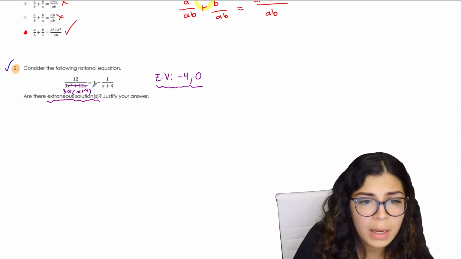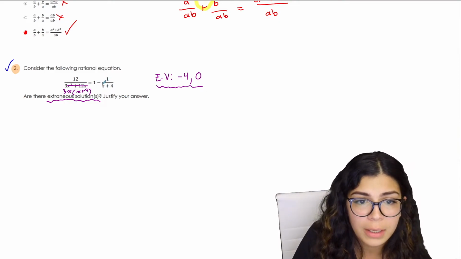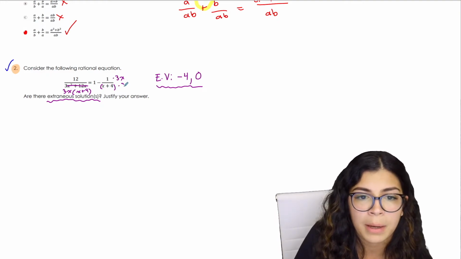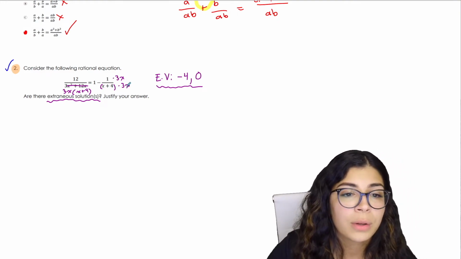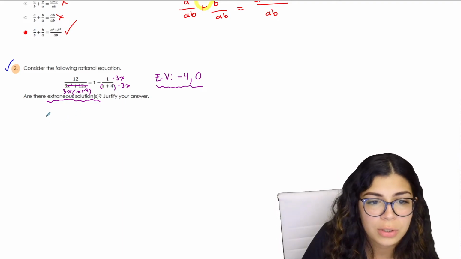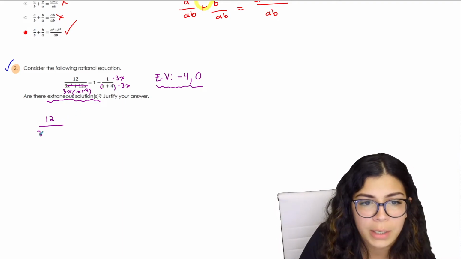So I'm missing here in this fraction a factor of 3x. So let me multiply top and bottom by 3x. And for the 1, I'm missing the whole thing, right? 3x times x plus 4. So essentially, I'm going to write this out on the bottom here because I'm running out of space.